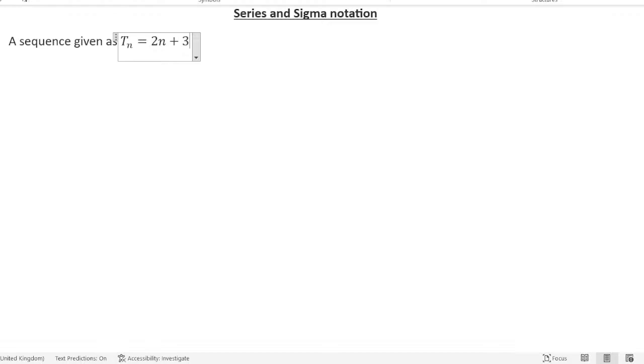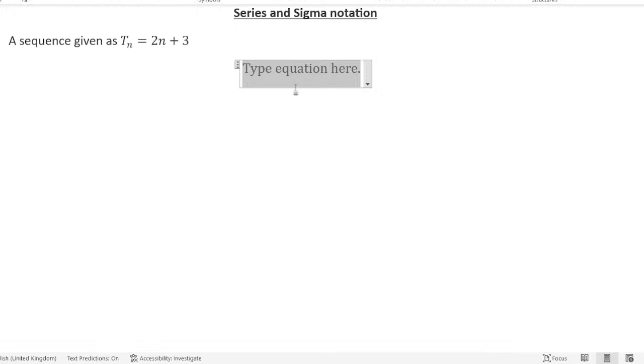So if let's say you need to write this as a sequence, you just substitute n with 1, then here you have 2 plus 3, which will be 5.